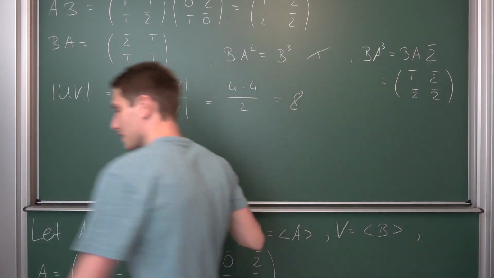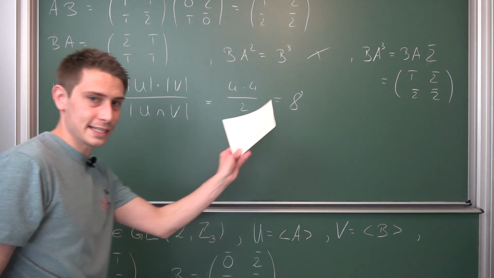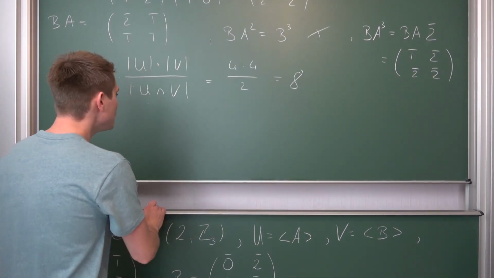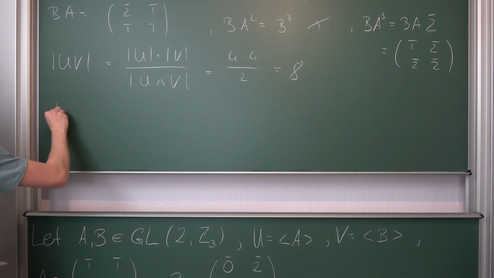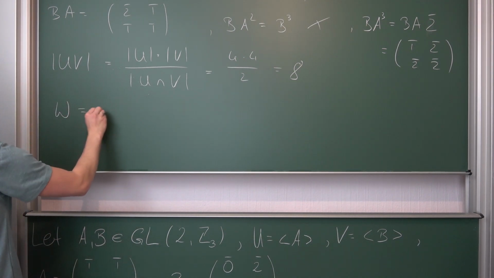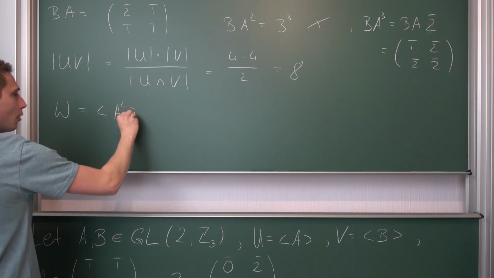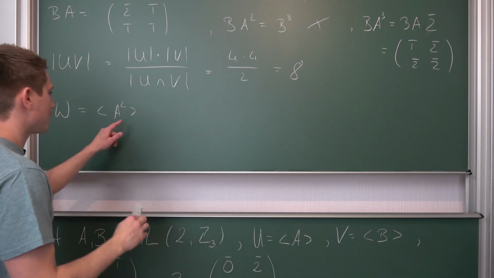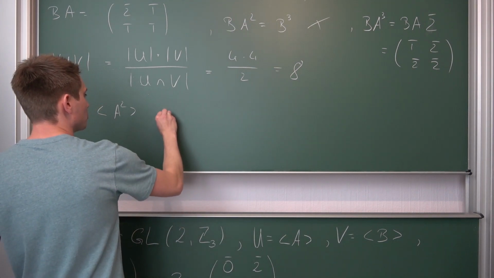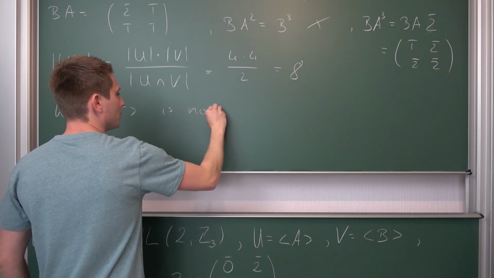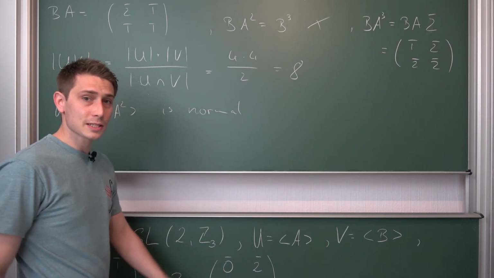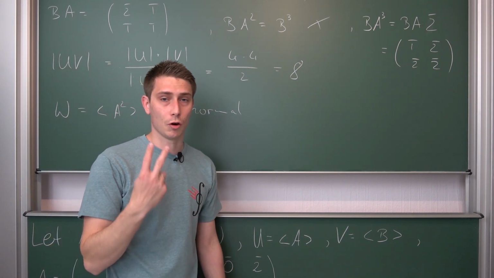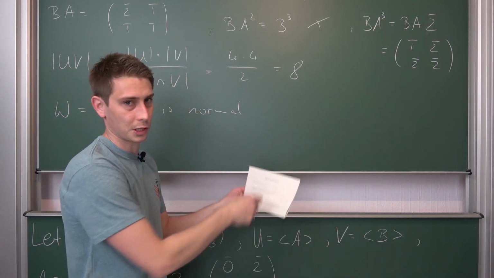The next exercise, taking a look at the exam yet again, is that we want to see if W, the subgroup generated by A squared, is indeed a normal subgroup. At first, let us take a look at the order of W. This is going to be important for the last part.